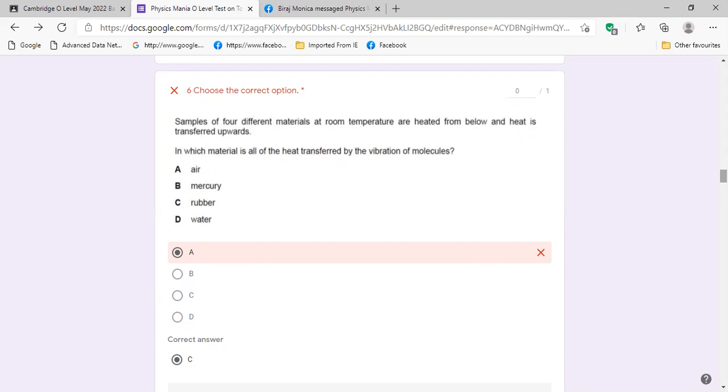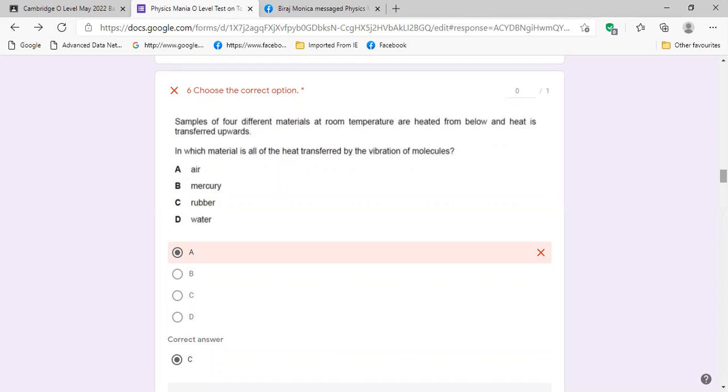Heat transfer by vibration of molecules. Where does it happen, in solid, liquid, or gas? Solids. So it should be solid, right? Heat transfer by vibration of molecules, that is solid.